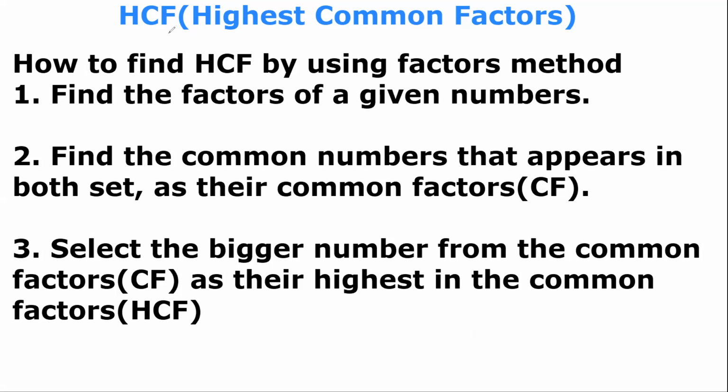And then the HCF, the H, is the highest number in the common factors. After finding the common factors, the highest number among them is the highest common factor. Good. Let's solve one more example here.